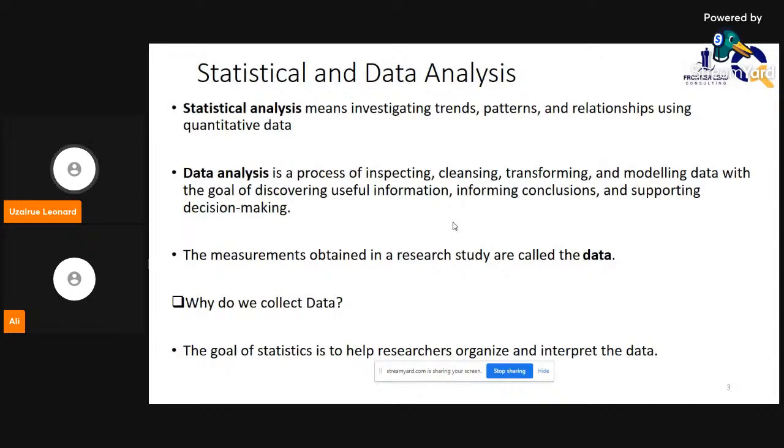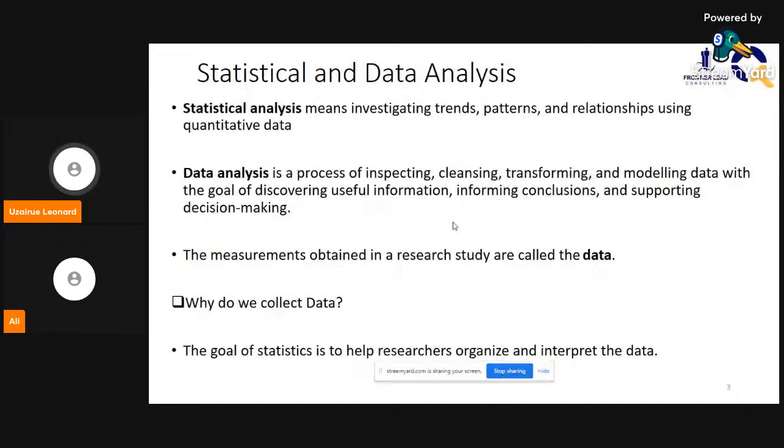Then another thing we want to look at, I've been mentioning data. Data is the measurement that is obtained in any study. Whatever information you collect in any study is referred to as data. Now, the question is, why do we collect data?